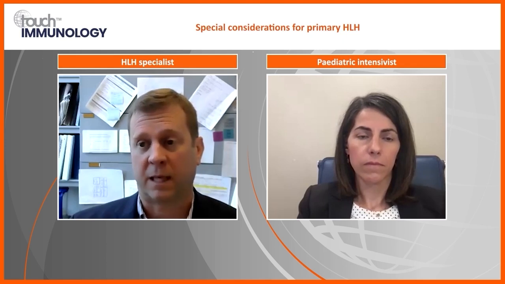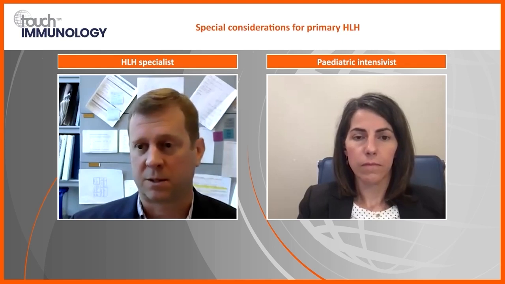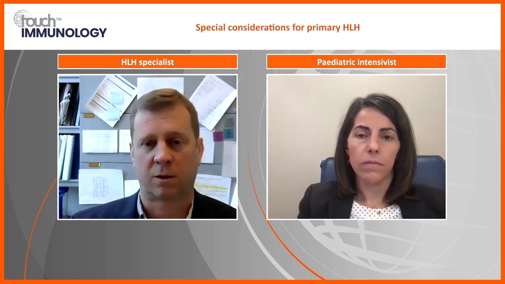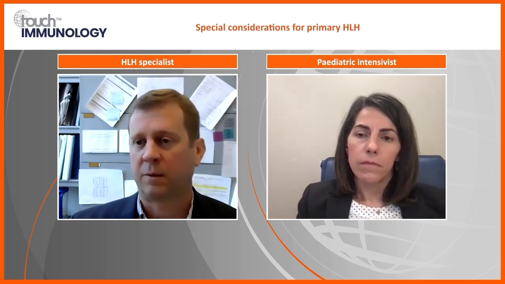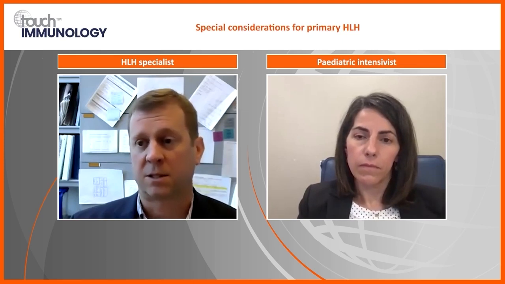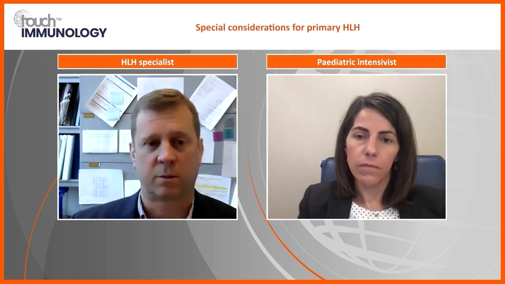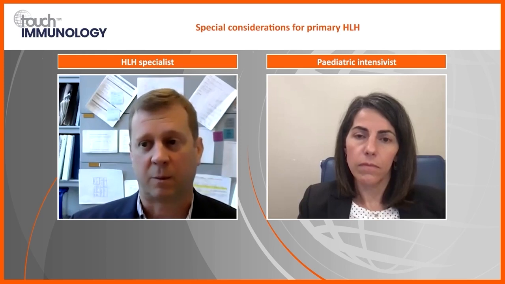But we are fairly quick to add in emapalumab if we're not happy with the response. If you look critically at patients' response to etoposide in terms of normalization of inflammatory markers, probably the majority of patients don't have what I'd consider a truly optimal response. So we end up using emapalumab quite frequently, but it is still definitely a second-line agent.